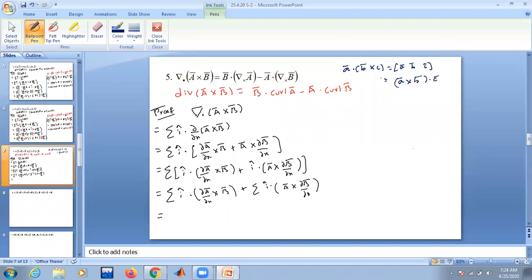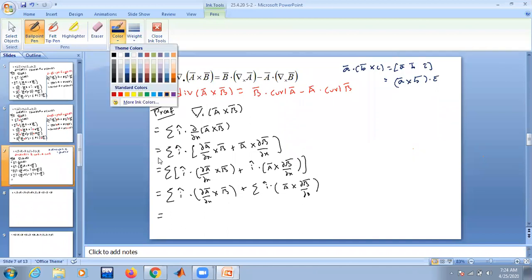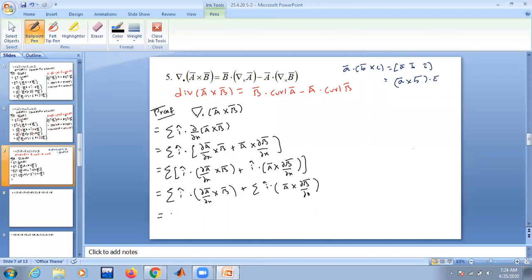Do you agree? So I can write this as summation box i, dou a bar by dou x, b bar, plus summation box i, a bar, dou b bar by dou x.